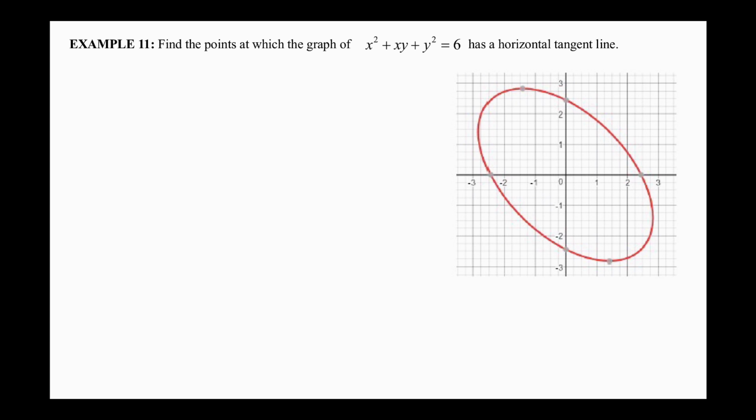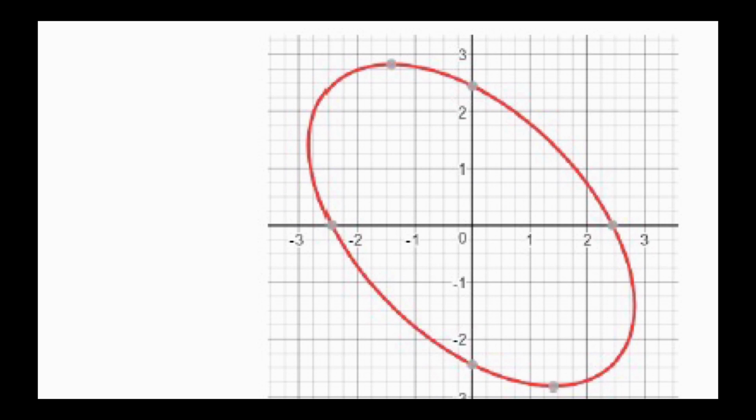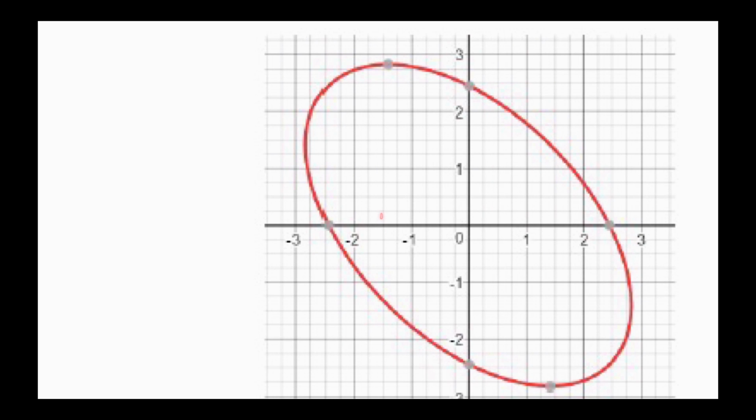So where x is about negative 1.4, right at that dot. Somewhere around that dot, I would say, is definitely one, because at that dot the tangent line is going to be pretty horizontal.